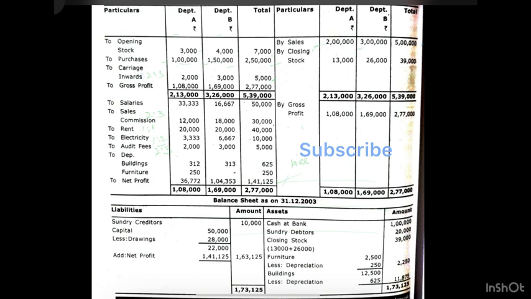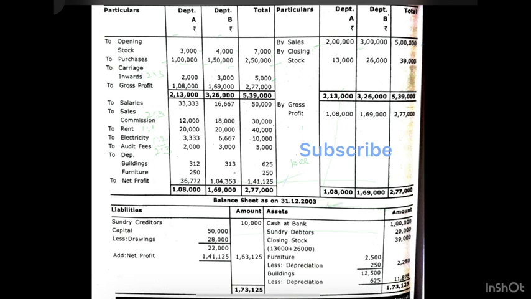One department may get profit, another department may get loss. Whatever profit or loss you get in Department A or B is to be transferred to the total column, so that you will get the right answer when you make a total. And later that profit or loss is to be transferred to the capital account.